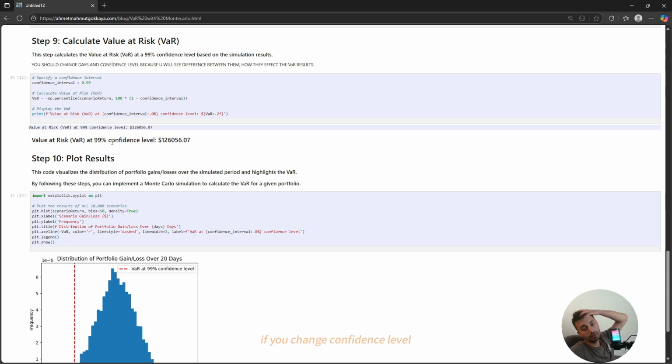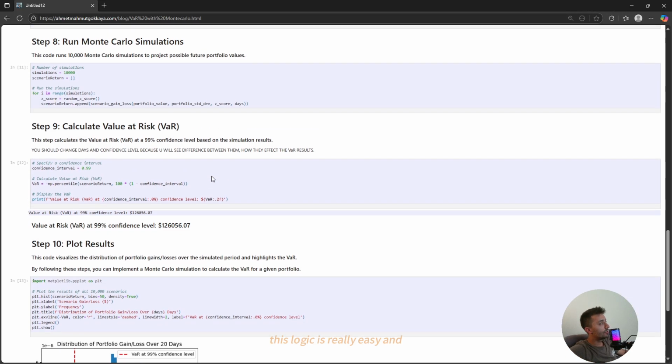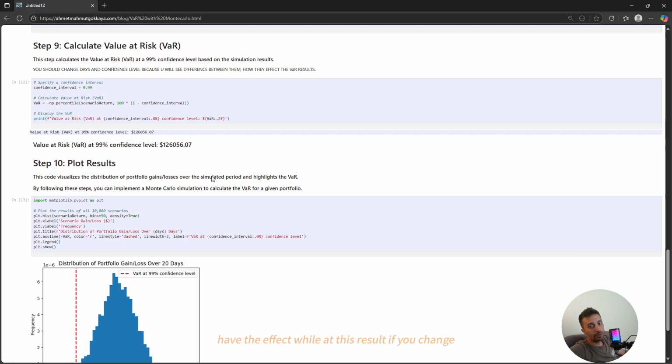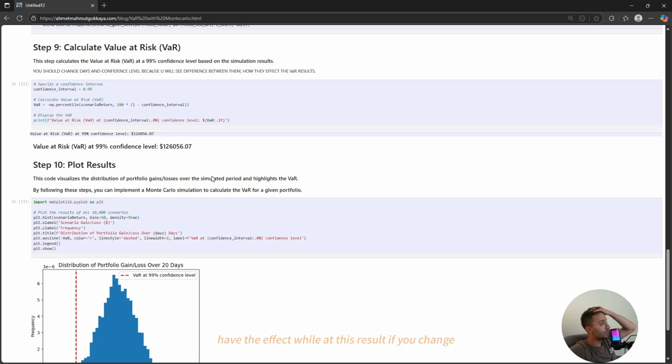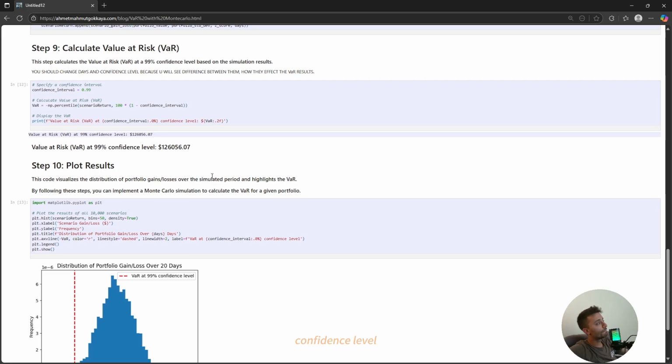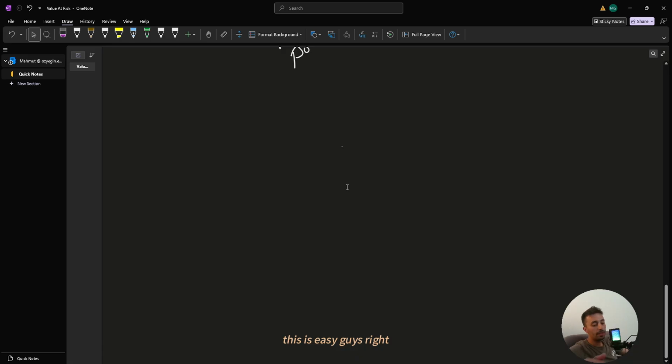If you change the confidence level, you'll have different consequences. What does that mean, guys? This logic is really easy, and it shows how they affect the value at risk result if you change the confidence level. This is easy, guys, right?